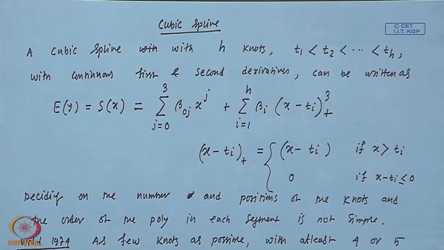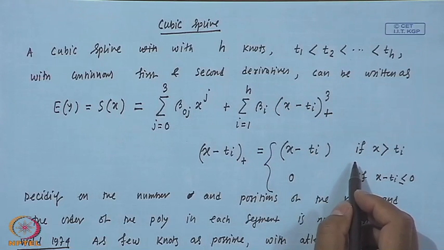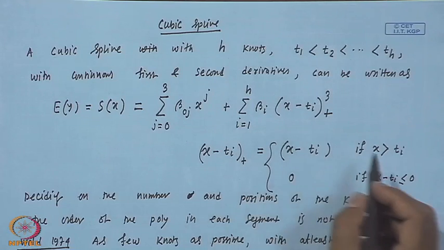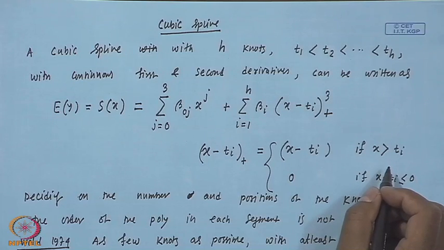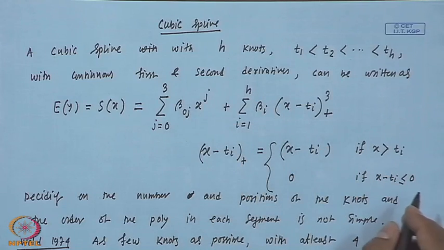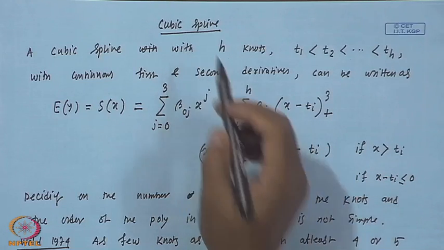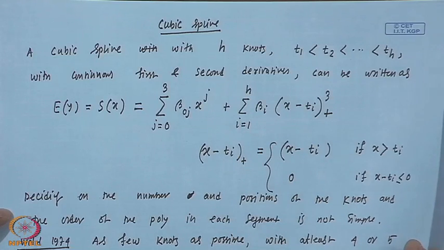Okay, so, we understood the cubic spline, which is a particular case when the order of the polynomial is 3, and we also explained this cubic spline involving 2 knots. Okay.